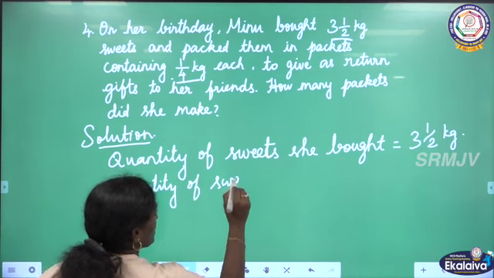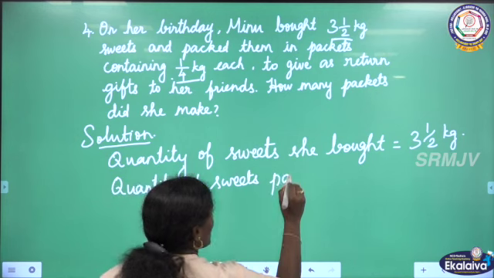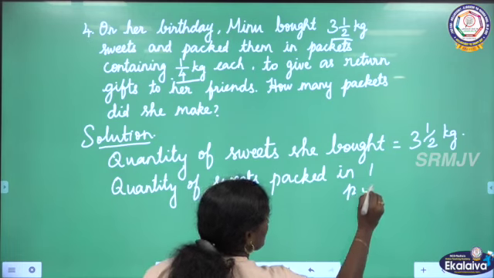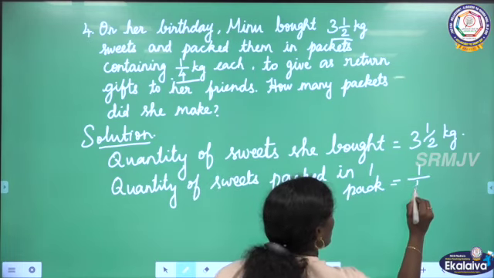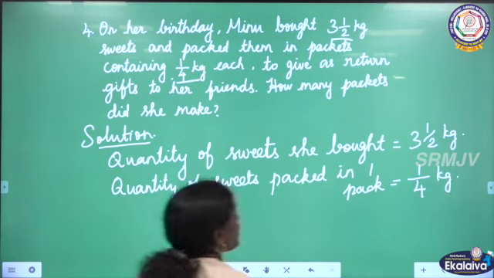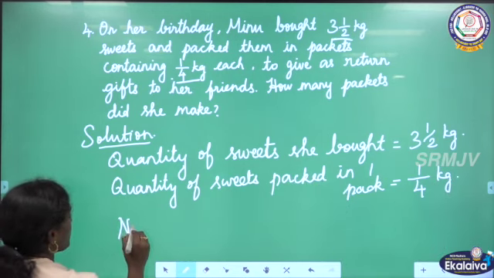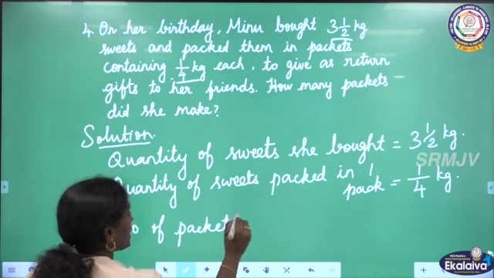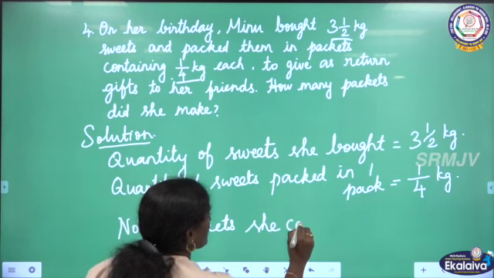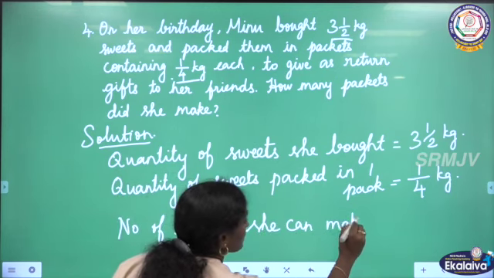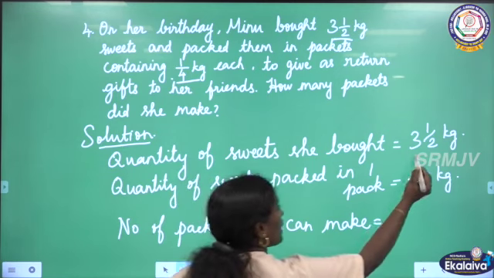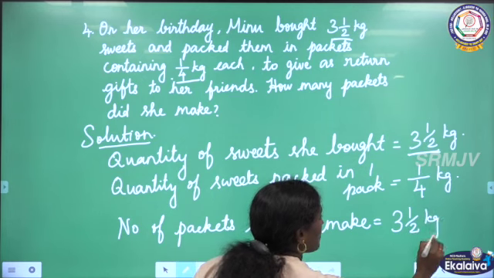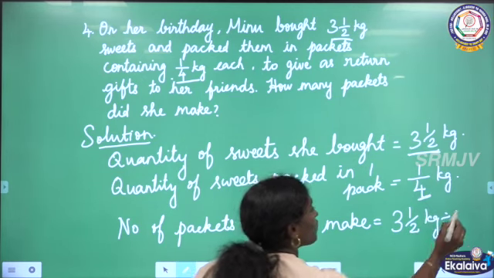Quantity of sweets packed in one pack is equal to 1 by 4 kg. Now we are going to find the number of packets she can make. For that, we are going to divide the quantity of sweets she bought by the quantity of sweets in one packet.